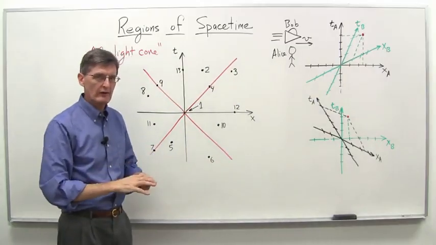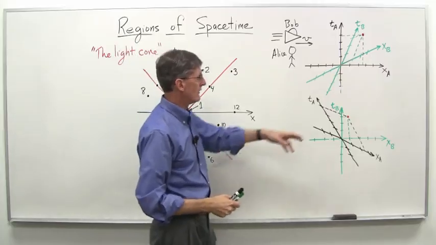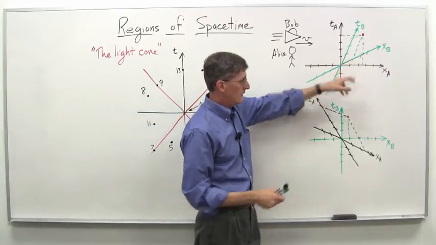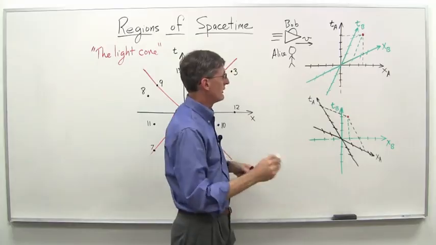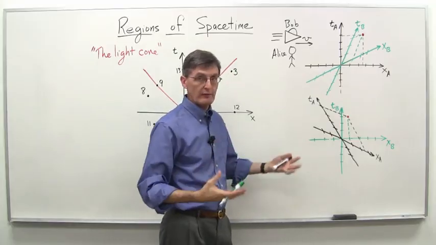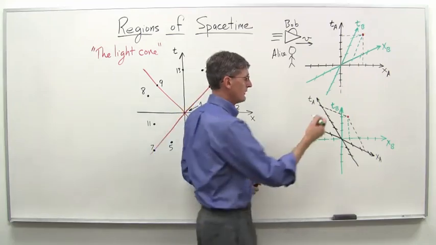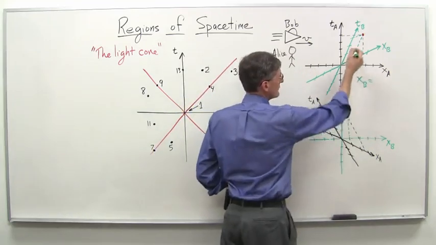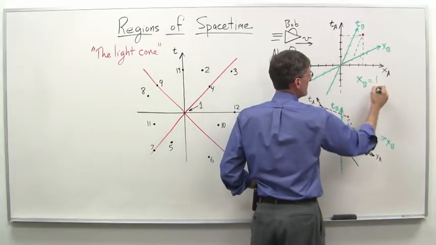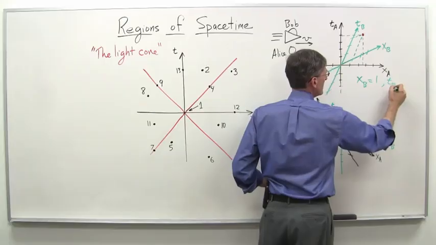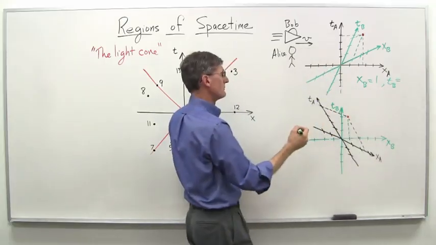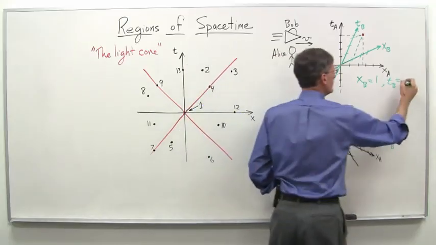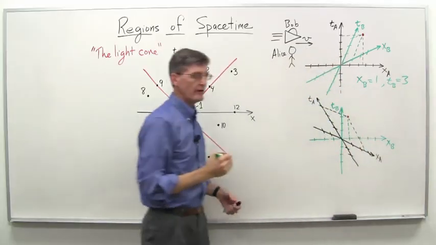This isn't quite drawn exactly to scale, but in Bob's reference frame, he would measure that space-time event as x sub b equals about 1, and t sub b equals about 3. Again, these are approximations.